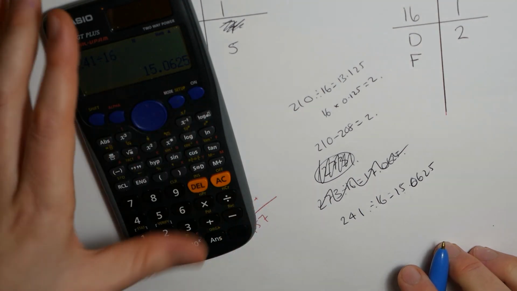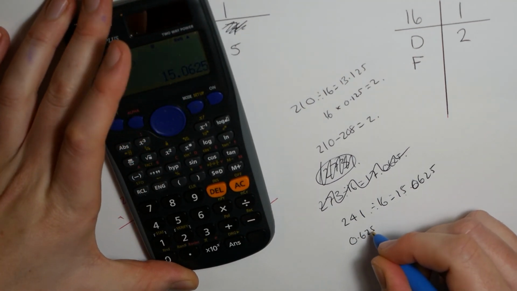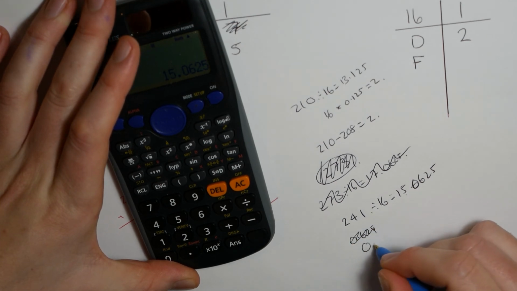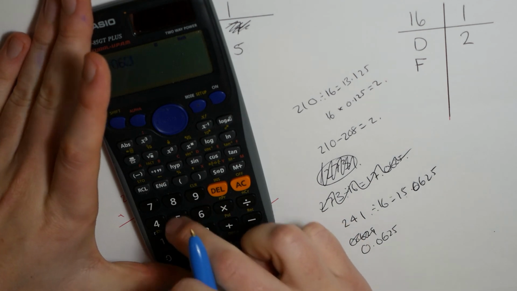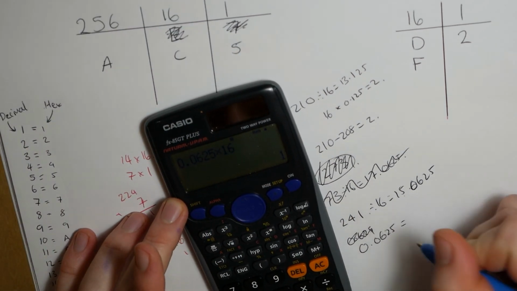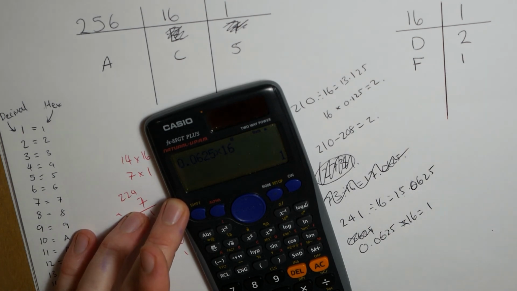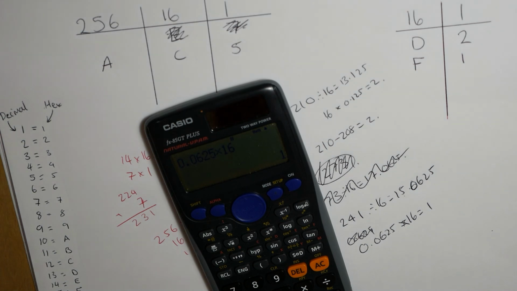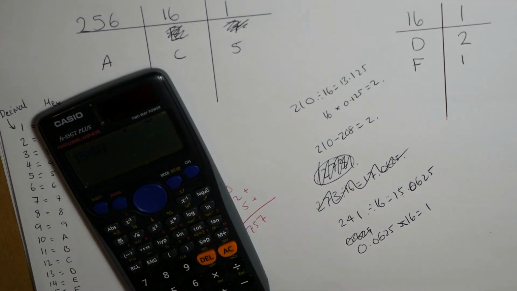And then we've got the 0.0625, and we just times that by 16 as well to find our remainder. Times 16 equals 1, so F1. Or as we said previously, you could just do 15 times 16, 240, and take that from 241, and you'd find that you've got one remainder.